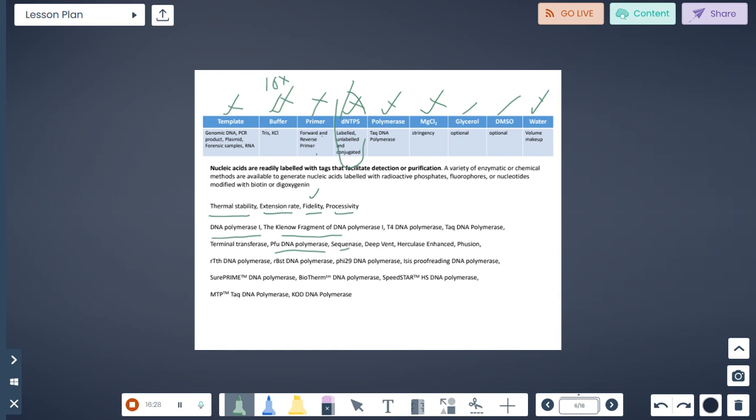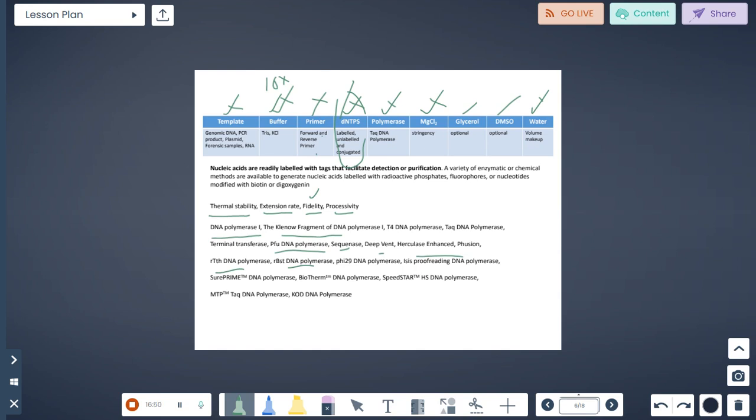So you can also use Deep Vent, Hercules, enhanced fusion, and Bst DNA polymerase. This Bst DNA polymerase is the one which is used in isothermal amplifications. That means you can do the amplification at 32 or 37 degrees, room temperature.